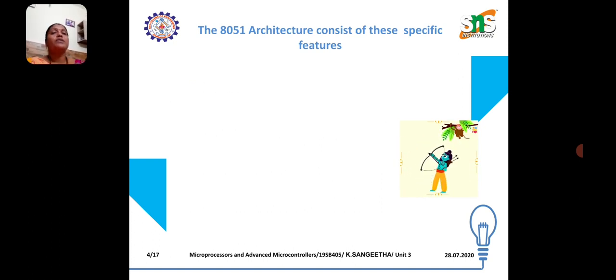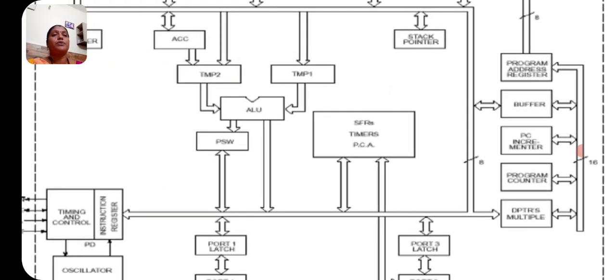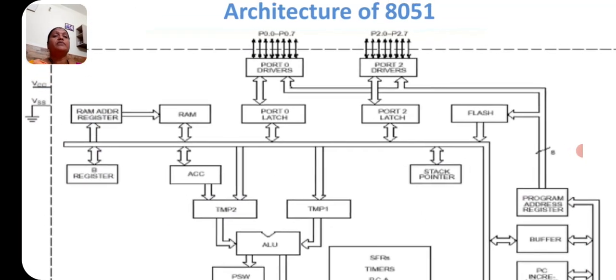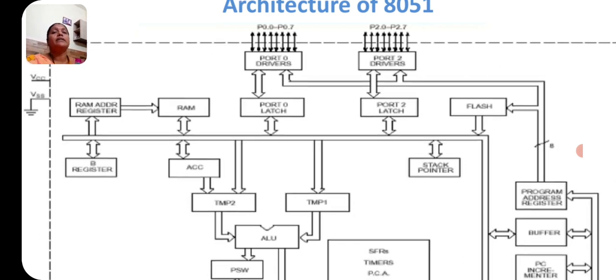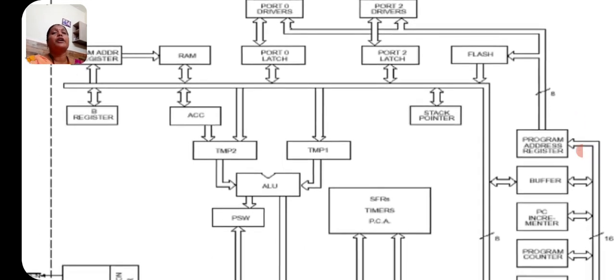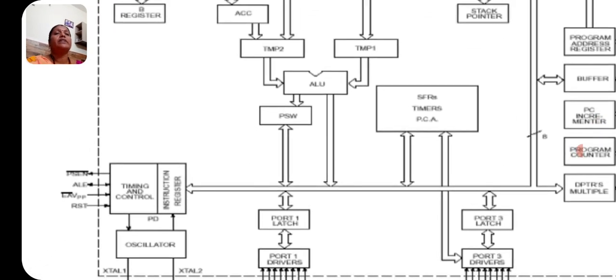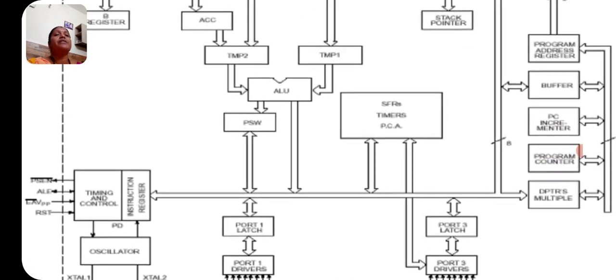So first we will see the architecture diagram. Here there are four ports, and on the top of the architecture, port 0 and port 2 are connected with a latch, and ROM and RAM are available, and the accumulator and B register are available. They are connected with an ALU through temporary registers.